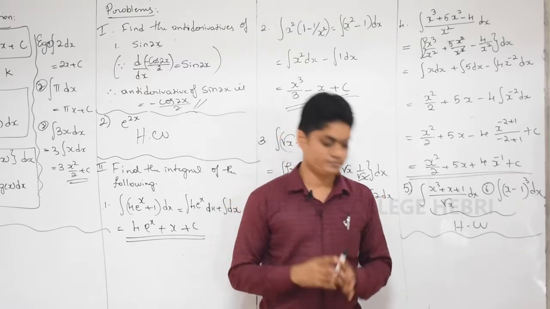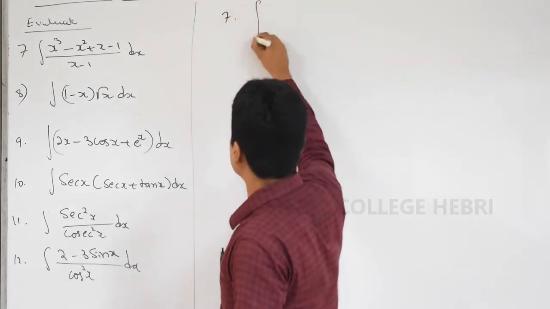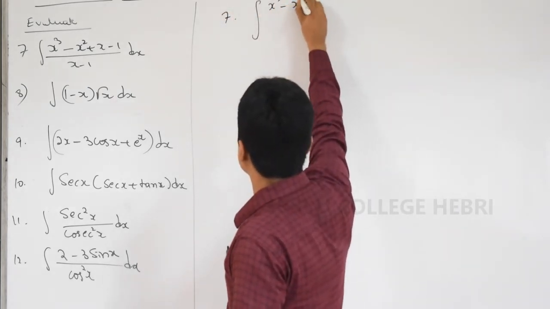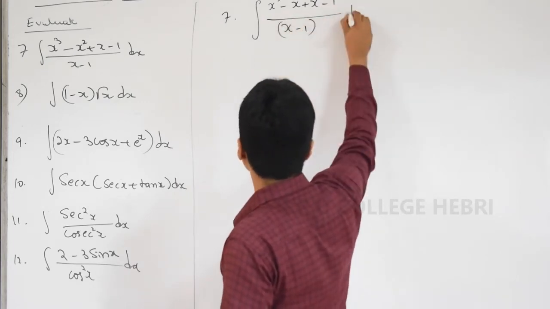Okay, so next question, 7th one is like this: integration of x cube minus x square plus x minus 1 divided by x minus 1 dx.